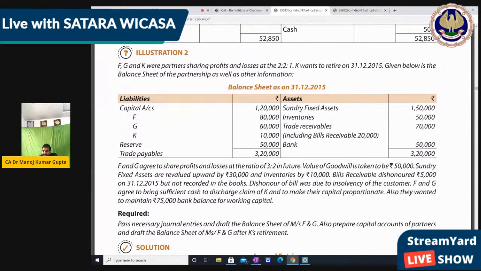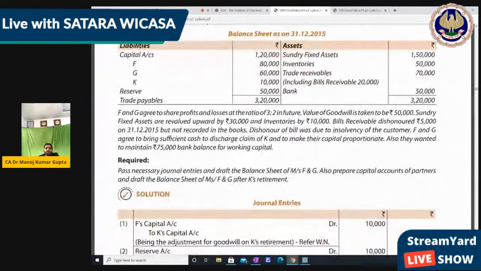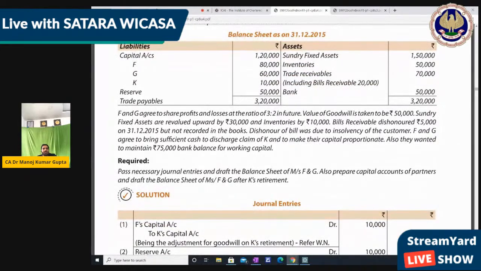Sundry fixed assets are revalued upward by 30,000 and inventory by 10,000. So these are upward revaluations. Next, bills receivable dishonored rupees 5,000 on 31st December 2015, but not recorded in the books.